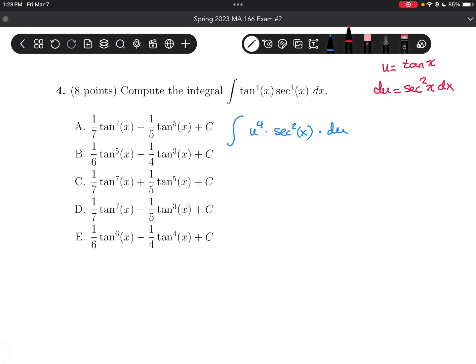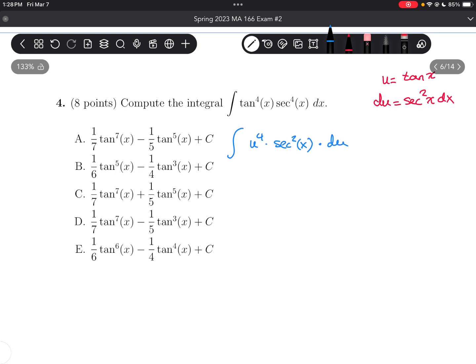The way we can do this is by using trig identities. Anytime we have an expression that consists of various trig functions, what we want to do is consider the trig identities that can be used to simplify trig expressions within integrals.